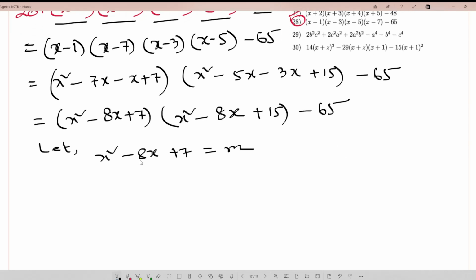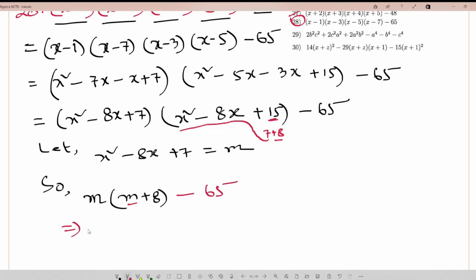So we can write m times m plus 8. Why m plus 8? Because this is 15, so it's 7 plus 8. So x square minus 8x plus 7 is m, and here is plus 8. Then minus 65. So we can write m square plus 8m minus 65.